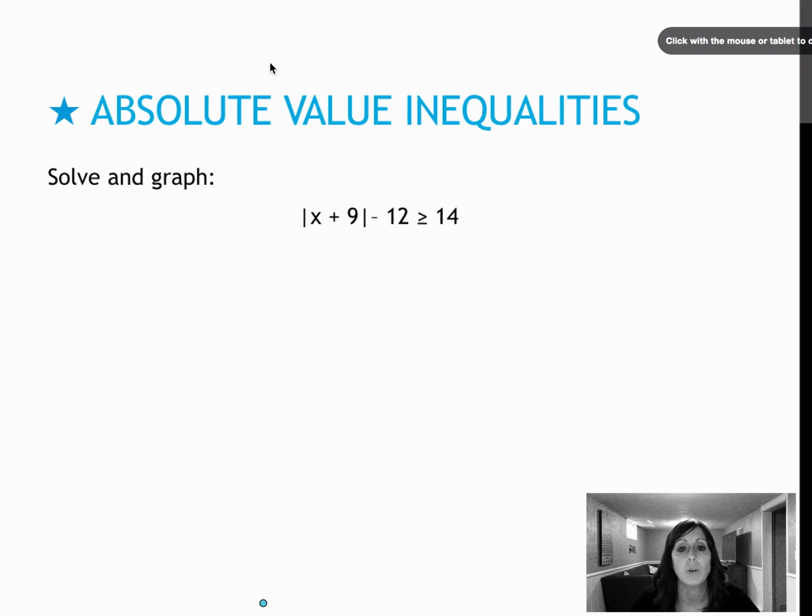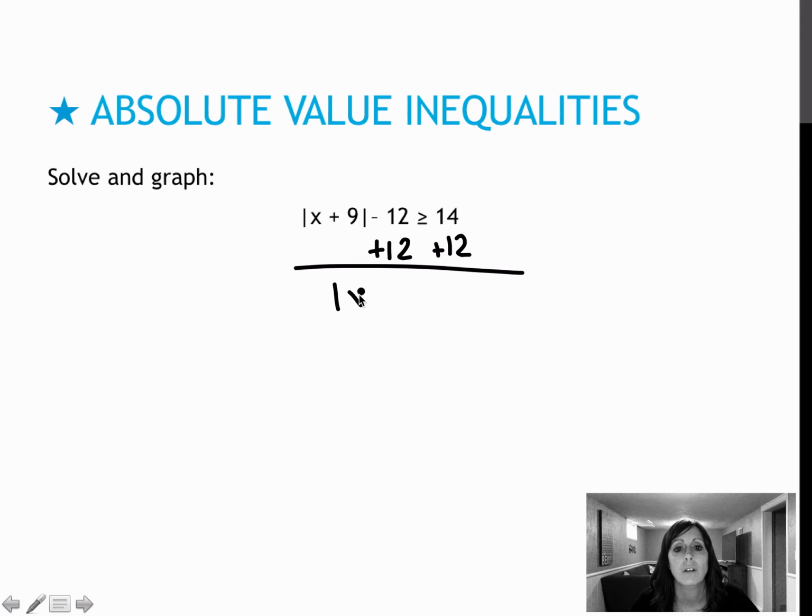For this example, I would start by isolating the absolute value by adding 12 to each side. That gives me the absolute value of x plus 9 is greater than or equal to 26. This is an "or" problem because it's greater than.